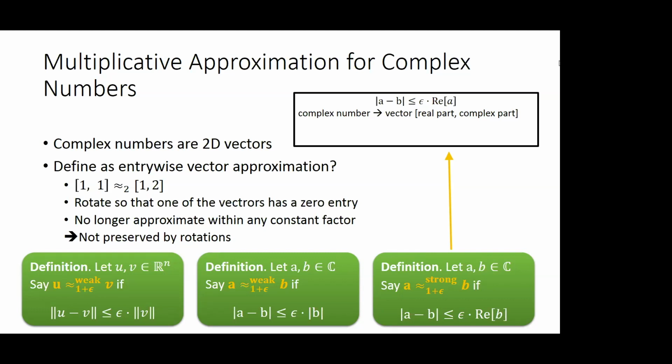The vector representation of this is we take a complex number and write it as a vector of its real part, comma, its imaginary part. If we do that, we can write it in vector form as the norm of u minus v is at most epsilon times the first component of v, because the first component of v is the real part under this mapping of complex numbers to vectors.